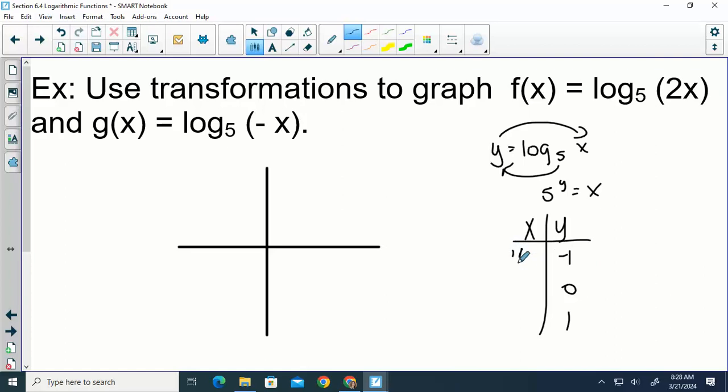So 5 to the -1 is 1/5, 5 to the 0 is 1, and 5 to the first is 5. Alright, so then our points would be 1/5, -1, 1, 0, and 5.